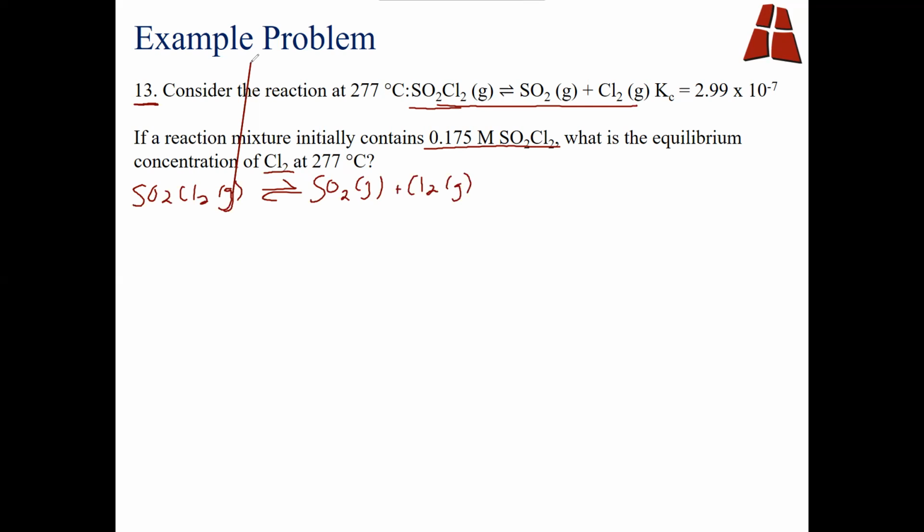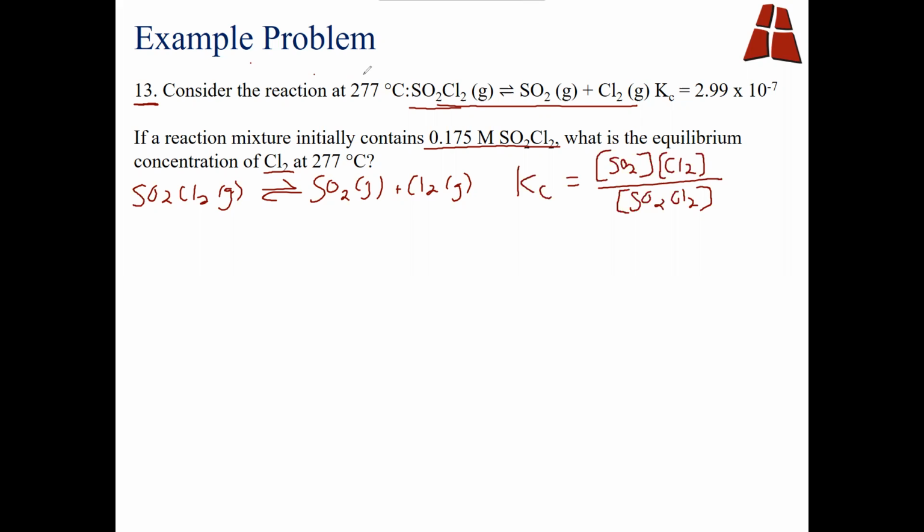And because all of our species are gases, that means, of course, that we will consider all of them in our equilibrium calculations. We can also write out an equilibrium expression, which, remember our mantra, products over reactants. And so because our stoichiometry is 1 for all of these species, it will just be our concentration of SO2 times our concentration of Cl2 over our concentration of SO2Cl2. Right? So just our products over our reactants there.